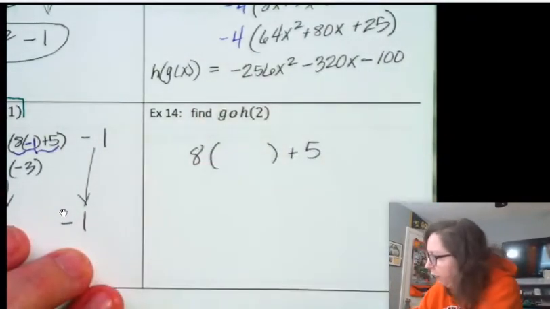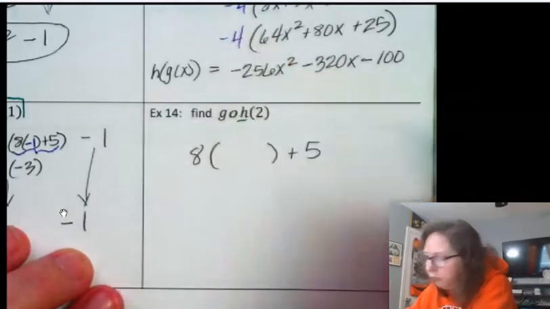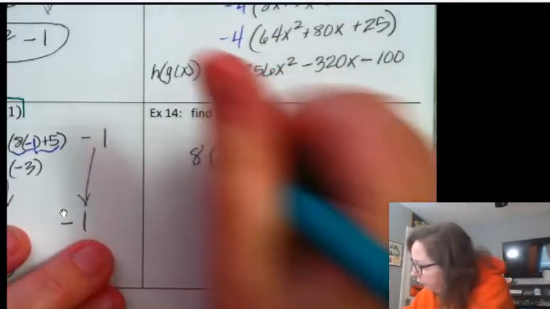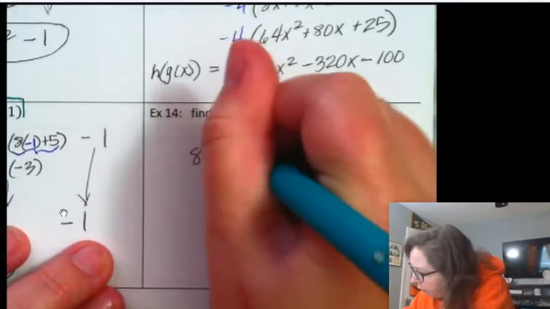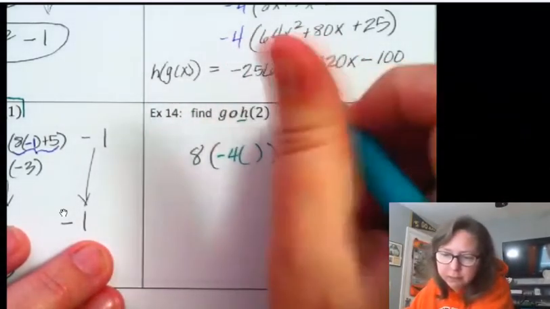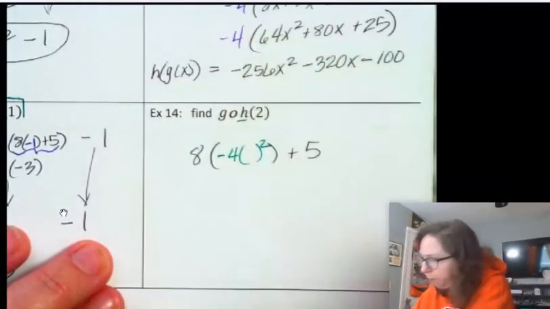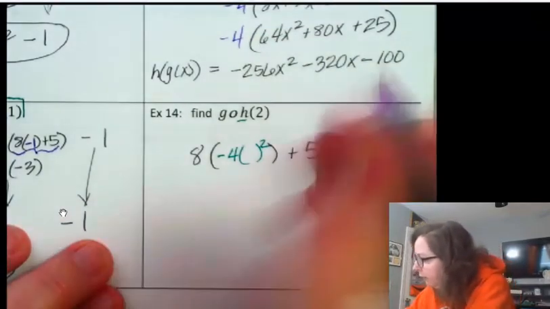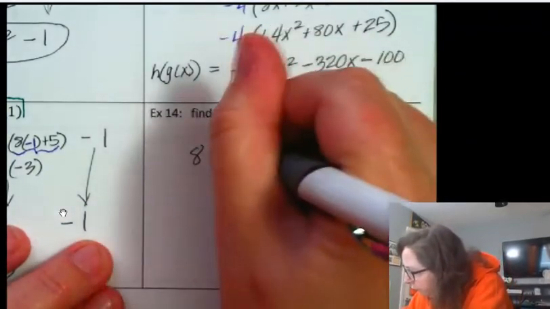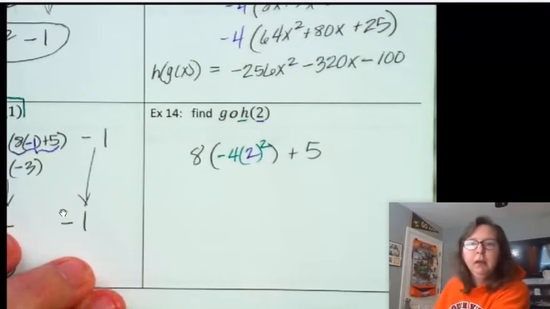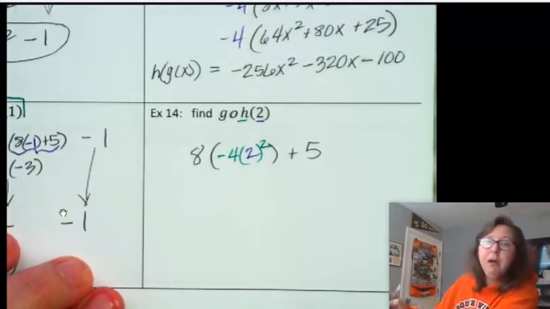Okay, now I'm going to do the h function, which is -4x squared. And then inside that, I put the 2. Okay. And now I can just simplify.